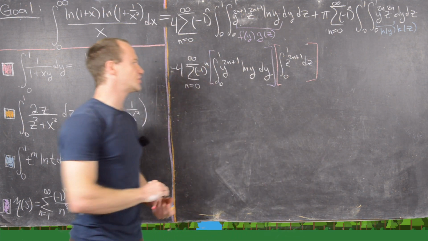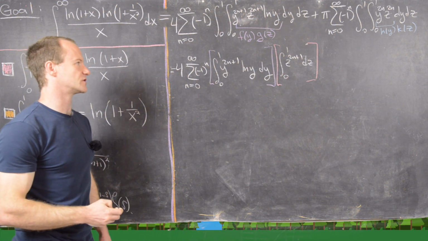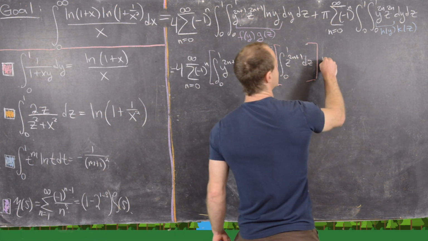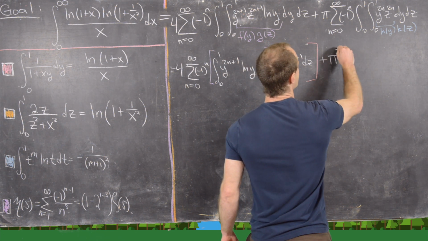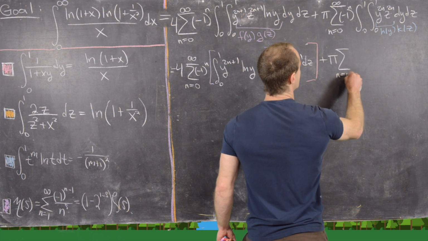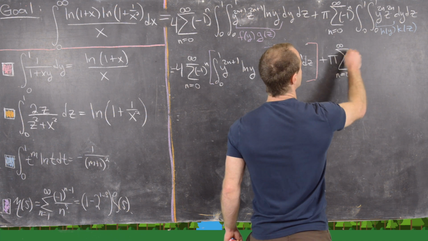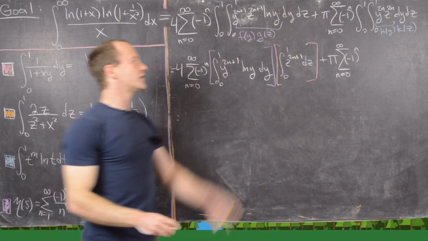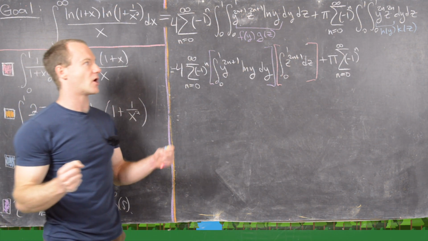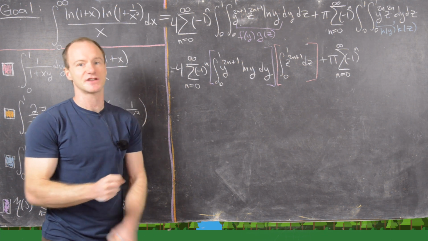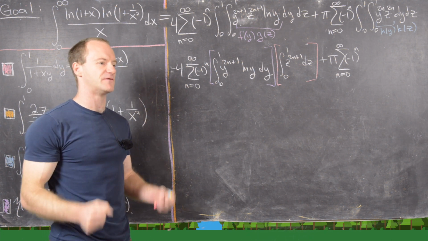So now we've got two calculus 2 type integrals which are fairly simple. Now this is going to be plus pi times the sum n equals 0 to infinity minus 1 to the n. But notice if we pull those apart into two integrals, they're actually the same integral with just a different variable.